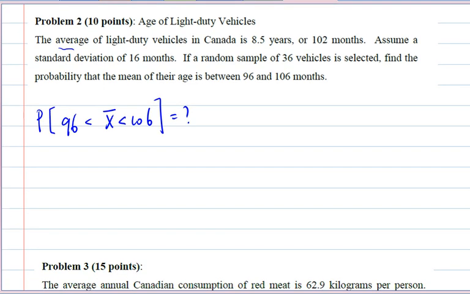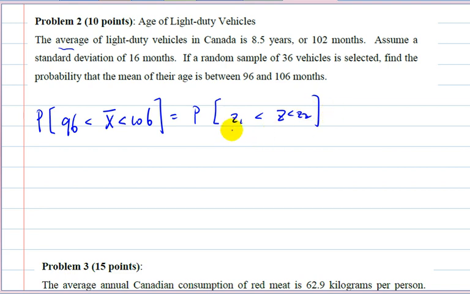But in the class, I said you generally don't calculate like this. You calculate the z-score. The probability for this one equals, you convert this into the corresponding z-score.